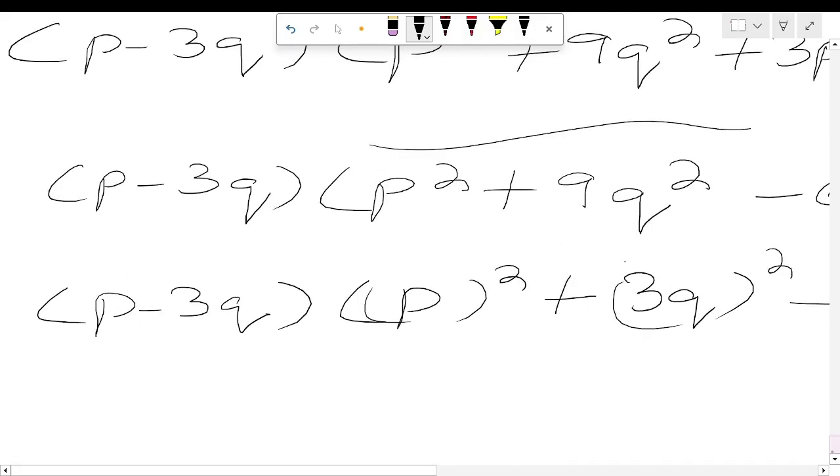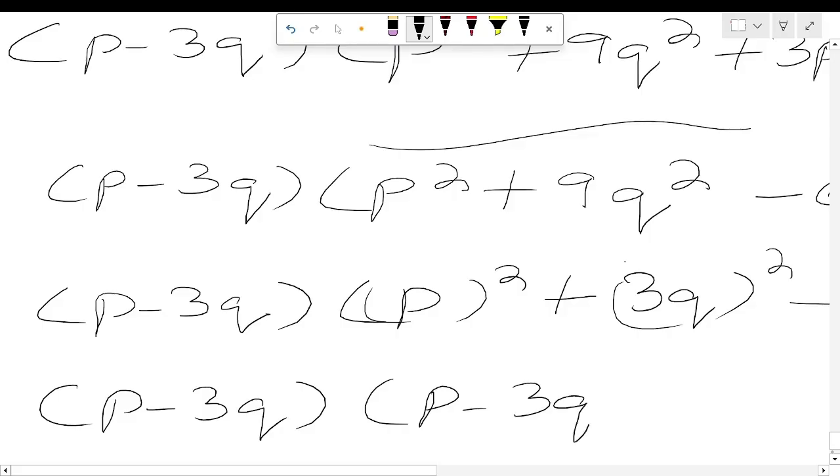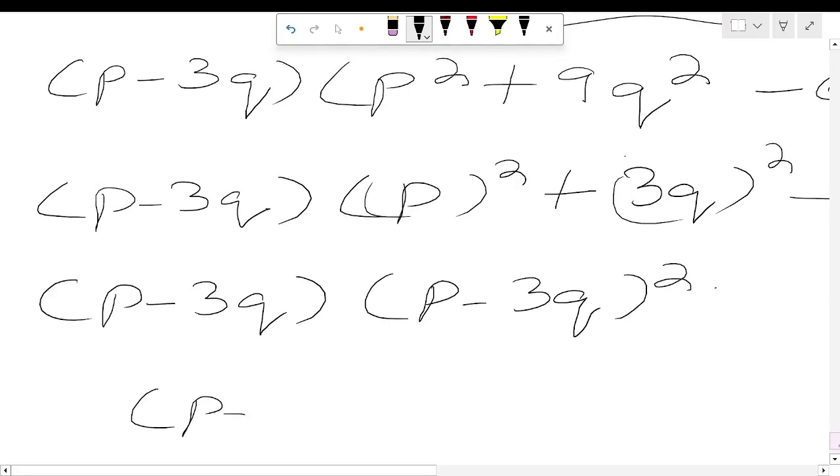Now we can easily convert this to a minus b whole square form. So p minus 3q, and then I'll write p minus 3q whole square. Now both of these terms will combine to produce p minus 3q whole cube. So this is the answer for question number 12.